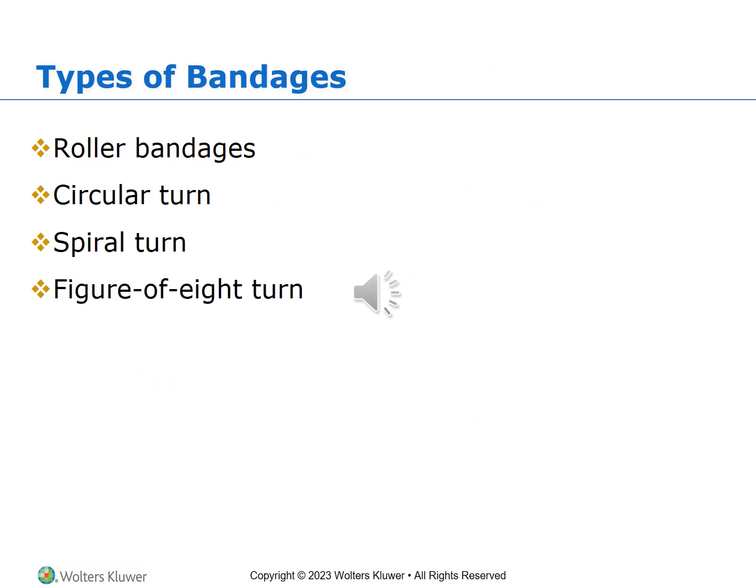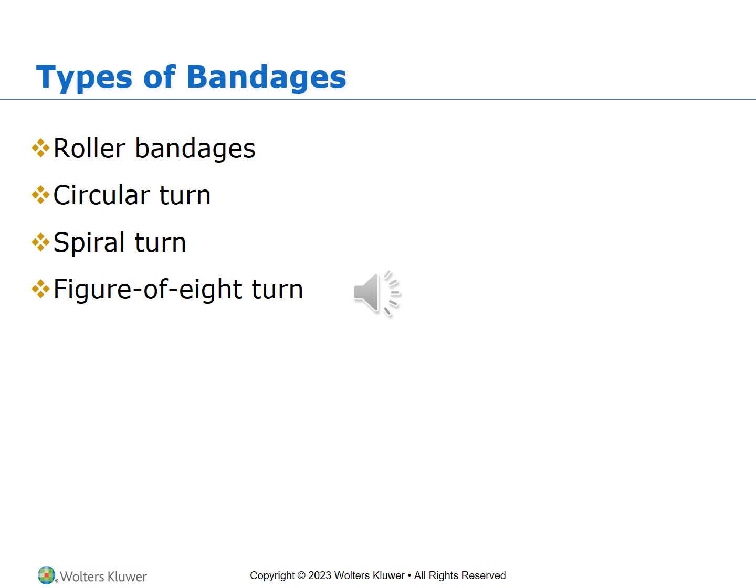So, types of bandage. On 1185 to 1186, it talks about securing wound dressings, and it begins with the types of bandages. On 1185, the paragraph describes these different types listed here: a roller bandage, circular turns, spiral turns, figure 8 turns.